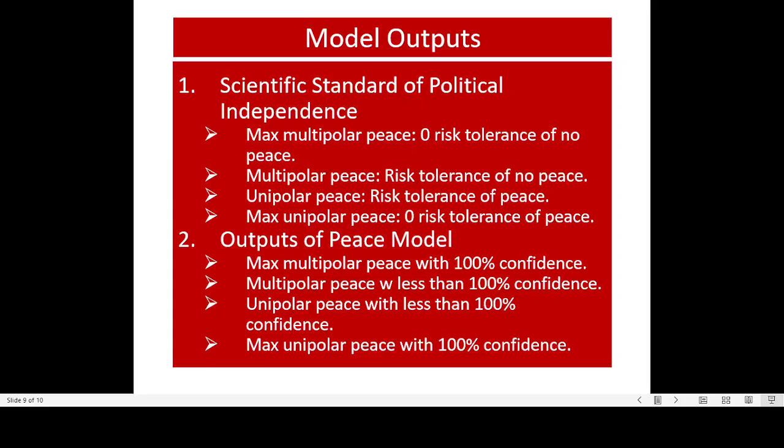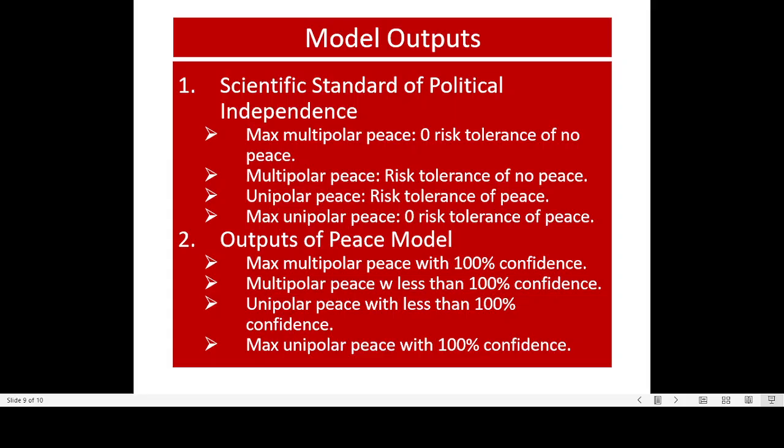Third, unipolar peace, that is really unipolar politics, that has non-zero risk tolerance of peace. Last one, the number four bucket, maximum unipolar peace. It's zero risk tolerance of peace. So basically that's maximum unipolar politics for no peace.